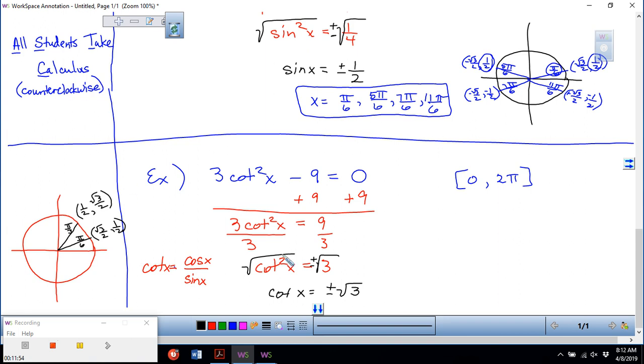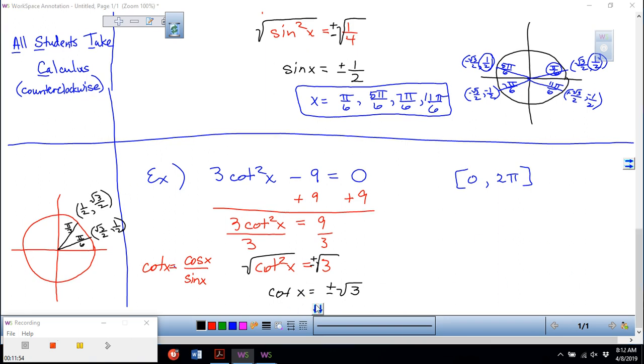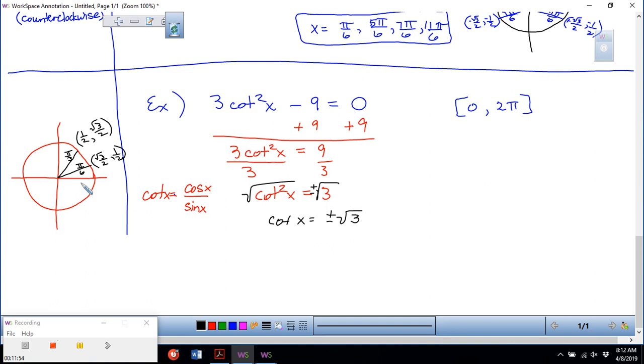So if I take those 2 possibilities and I set it up as cosine over sine, at pi over 6 we're going to end up with, as our cosine over sine, square root of 3 over 2 divided by 1/2, versus at pi over 3 we will end up with 1/2 divided by square root of 3 over 2.